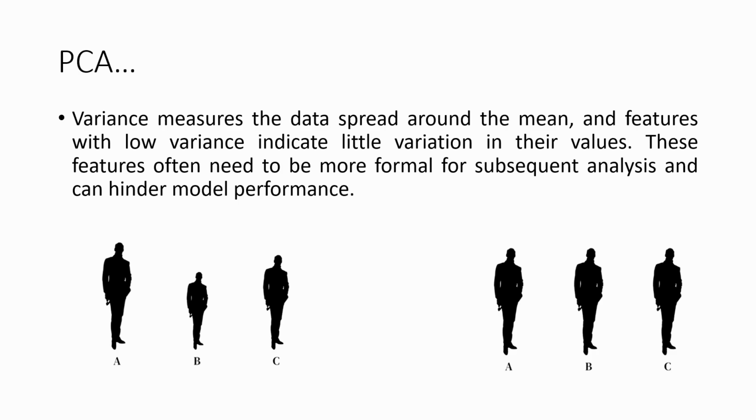In the first diagram the height difference is more, and in the second one the height difference is less. So on the left side the data has more variance, and in the second one the data has less variance. If the variance is more, then decision making becomes easier. That is why we are interested in data which has more variance.